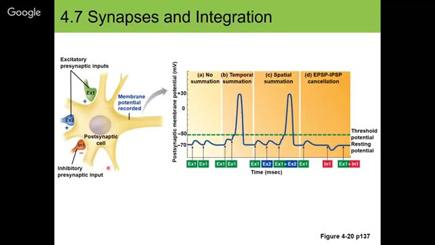If you have simultaneous activation of EX1 and EX2, so if these two excitatory presynaptic inputs are activated at the same time, then we call it spatial summation, because from different spatial areas of this postsynaptic cell you're getting stimulation, okay?